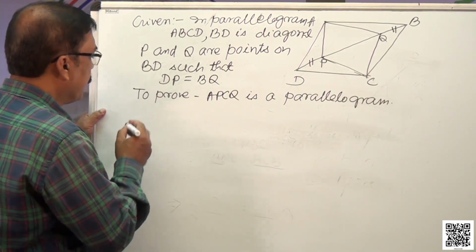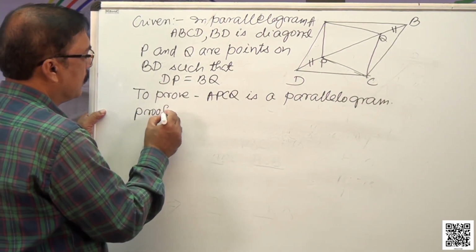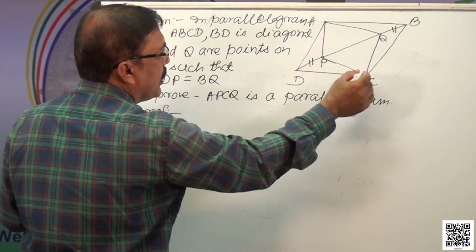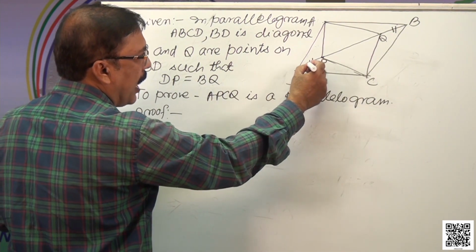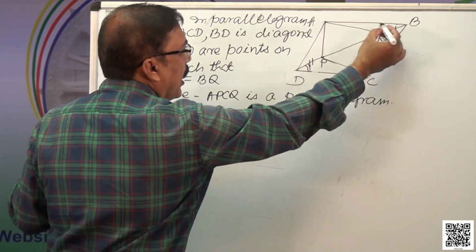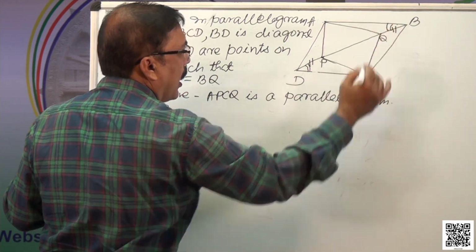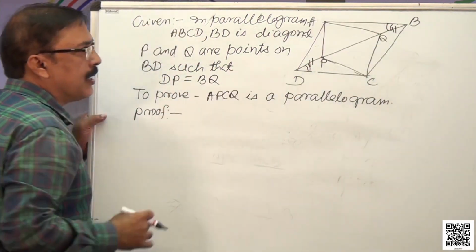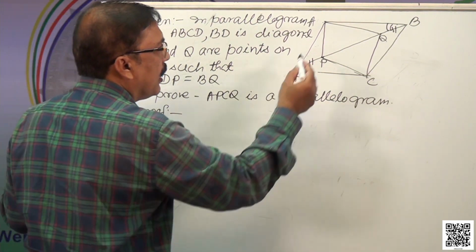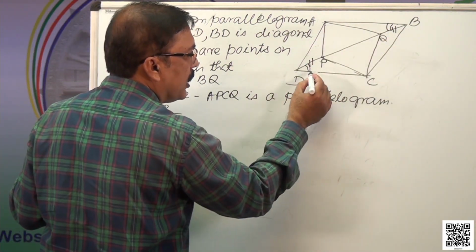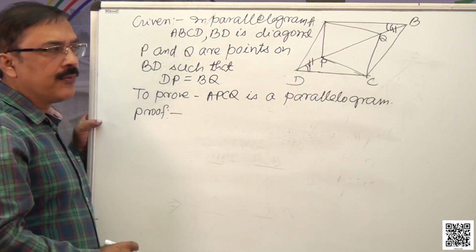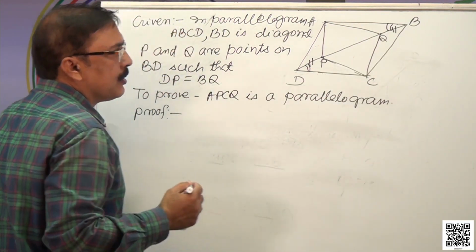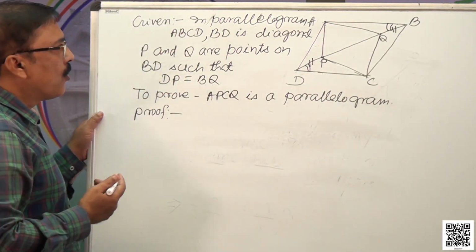You see, in triangle ABQ and PDC, we have angles like PDC and ABQ are alternate interior angles as AB and CD are parallel and BD is the transversal. Again, AB is equal to CD as the opposite sides of a parallelogram, and also BQ is DP. So we can prove this to be congruent triangles.